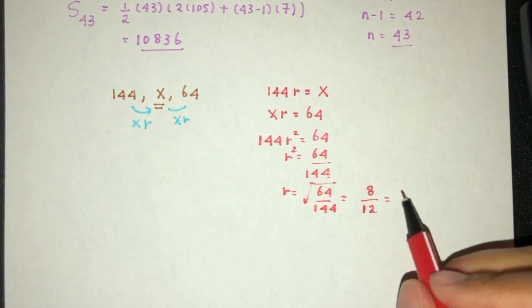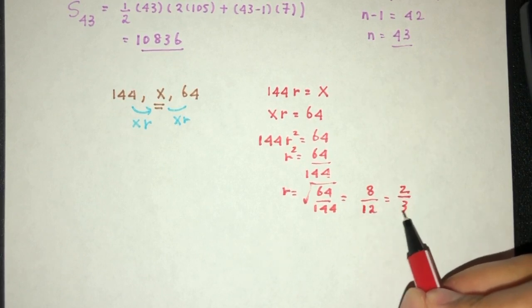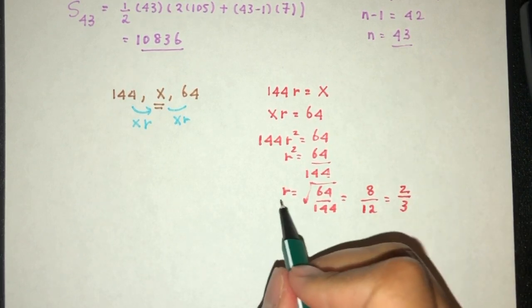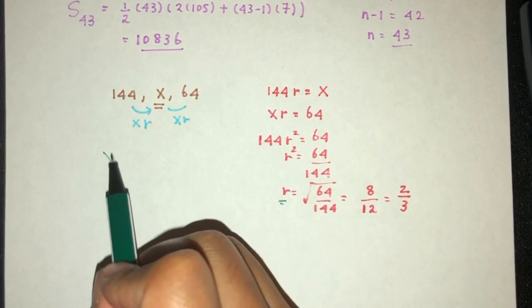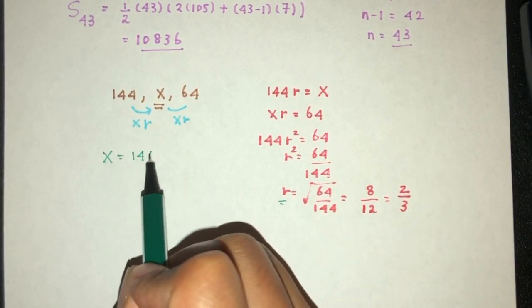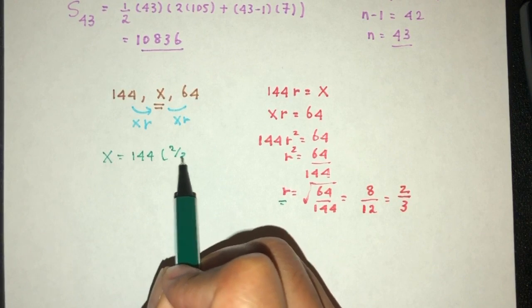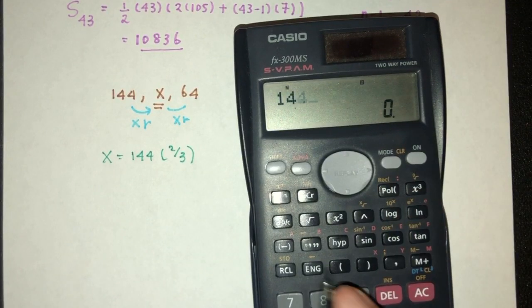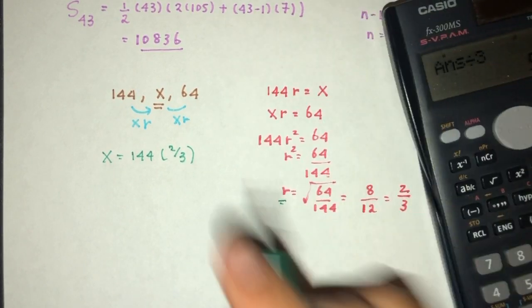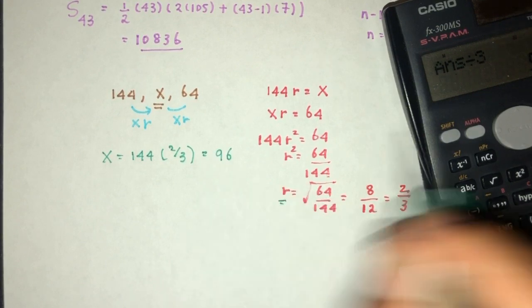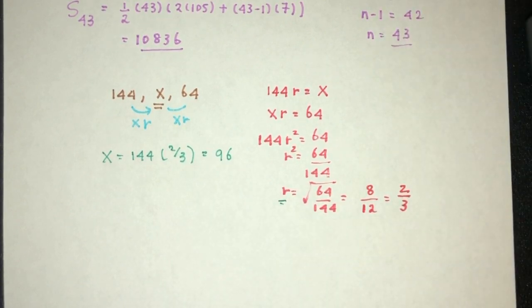Divide by 4, and you will have 2 over 3. This is my value for r. Now we have to find the value of x. X will be 144 times 2 over 3. That should be 96. 96 will be your value of x.